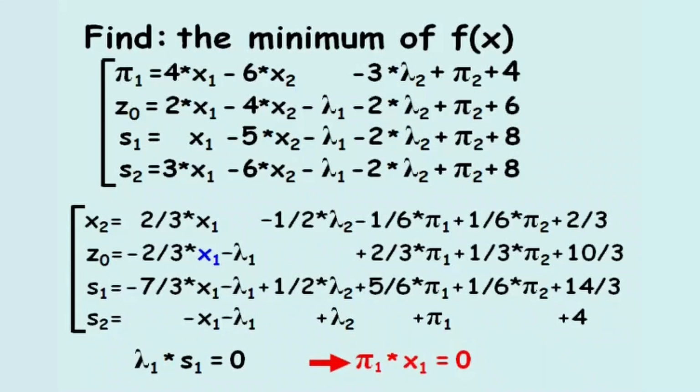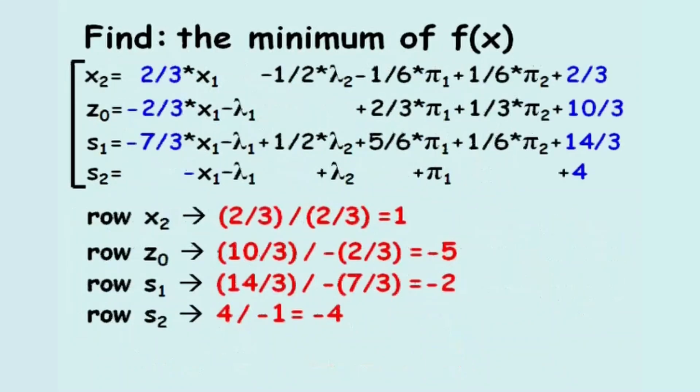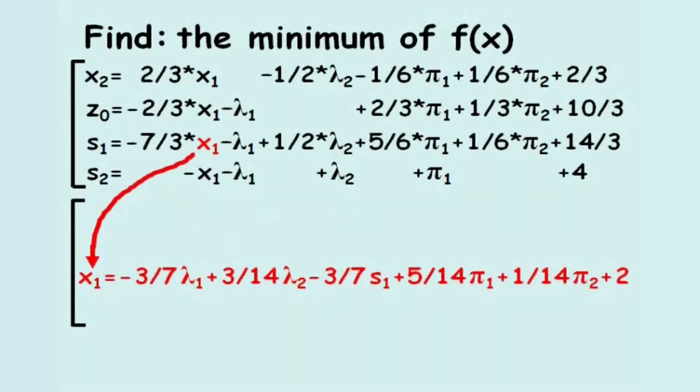Next, in the ratio test, we learn that basic variable s1 will leave the basis because it has the smallest ratio that is negative among all 4 ratios. Therefore, we'll solve for x1 in row s1 and then write out the equation for x1 in the next iteration.